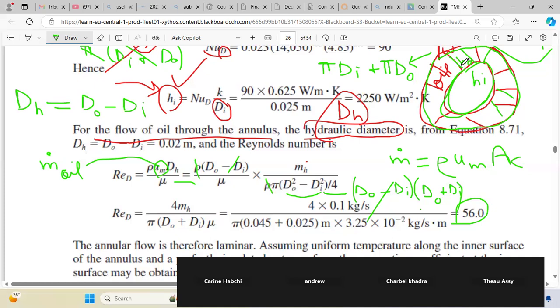And this is why, in order to get the convective coefficient H, we need to search for Nusselt number not for flow inside the duct, but for flow outside of a duct. So you have two types of forced flow, internal and external. Here, the flow inside the tube is internal to this tube, but oil is from the outer side, it's flowing over the tube. So we say it's an external flow, okay?